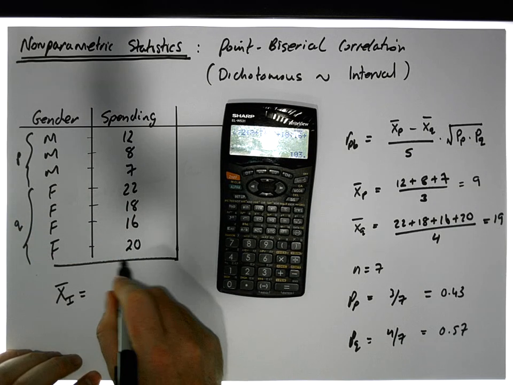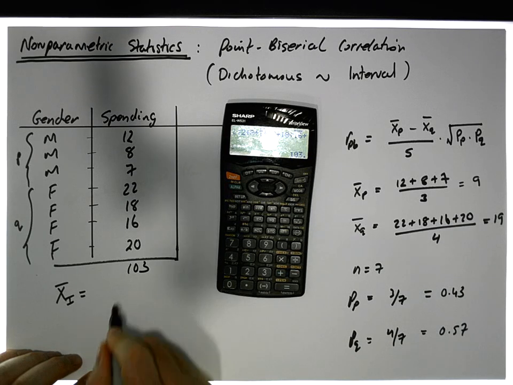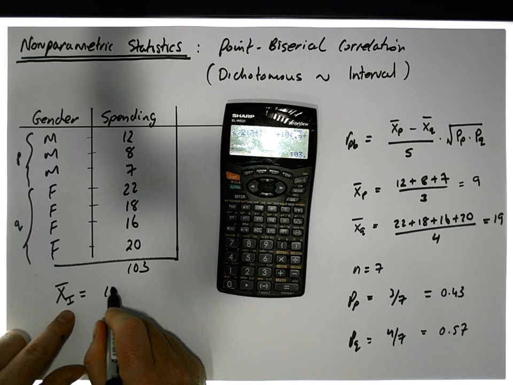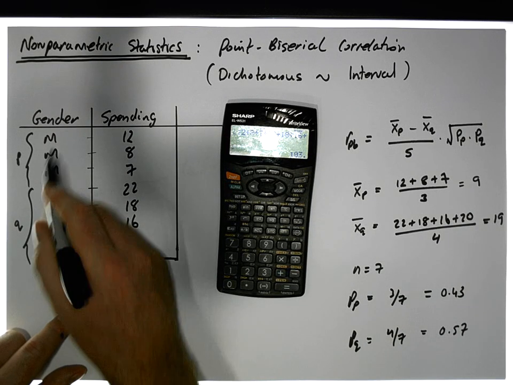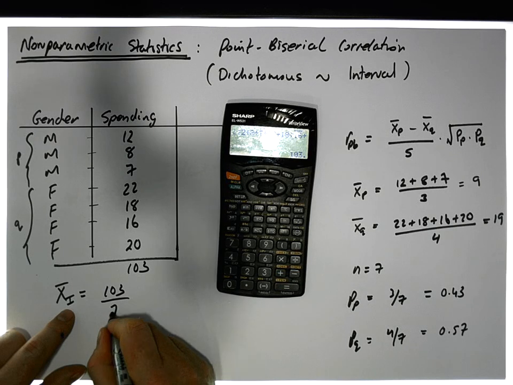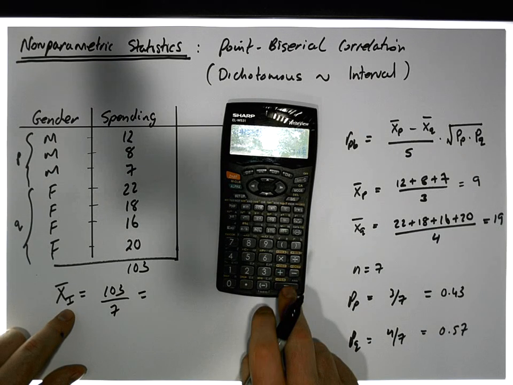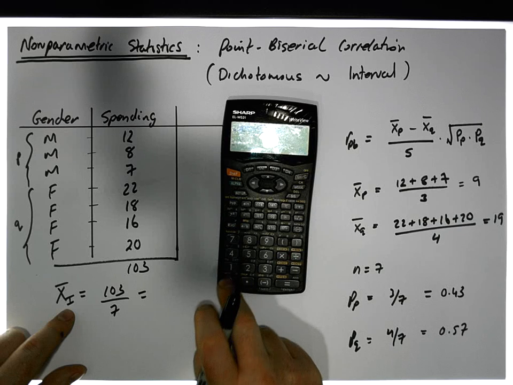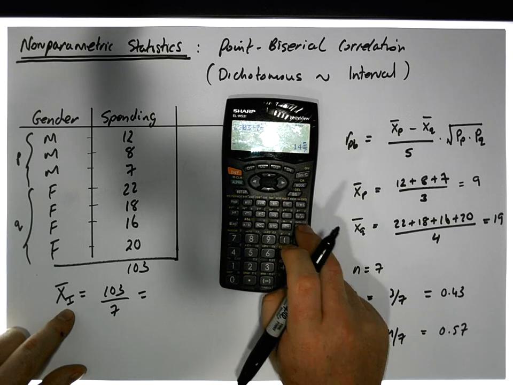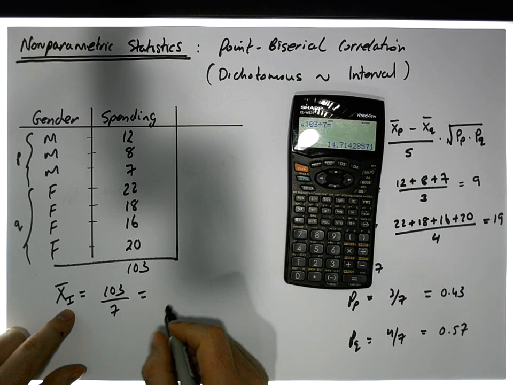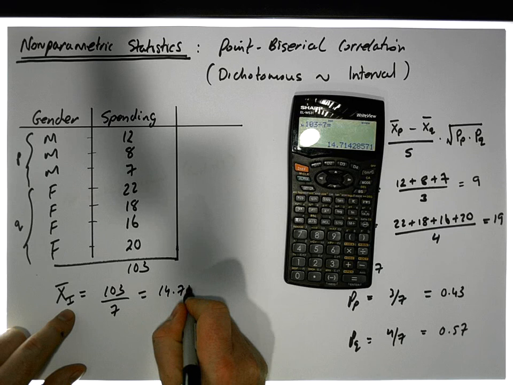The summation is 103. So the overall X̄ is 103 divided by 7 observations, which gives an average of 14.71.